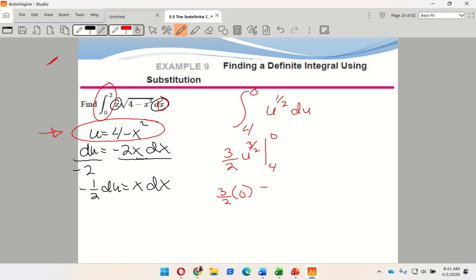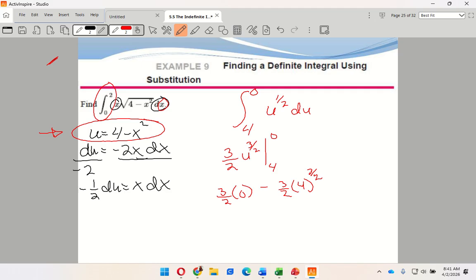Minus the bottom, which is going to give me 3 over 2, and that's going to give me 4 to the 3 over 2. Exactly what we had.